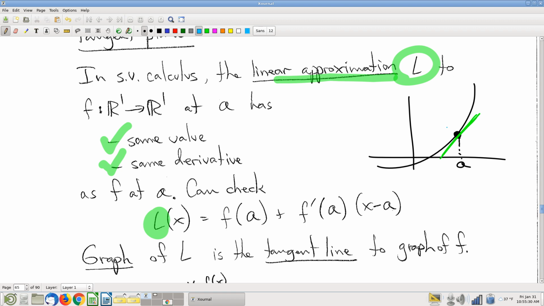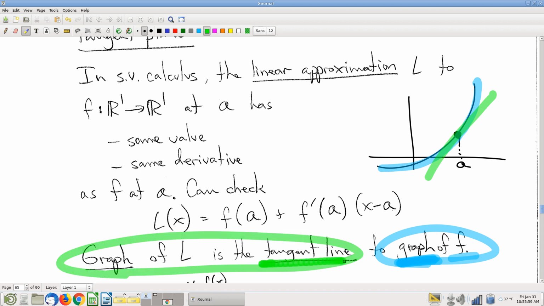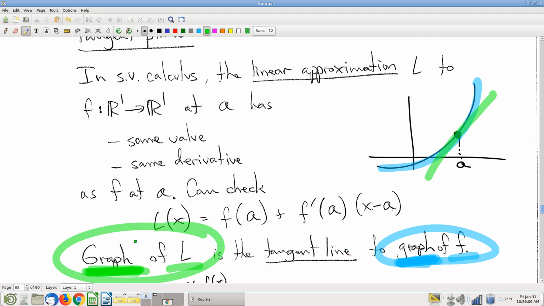Because it's got the same value and the same derivative, because it's a ripoff, this gives us a nice way to talk about the tangent line, the idea being that because the curve is the graph of f, the tangent line is the graph of L. Sorry, my wires crossed.